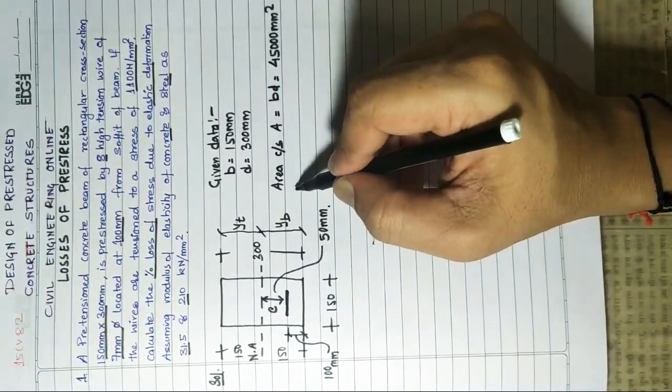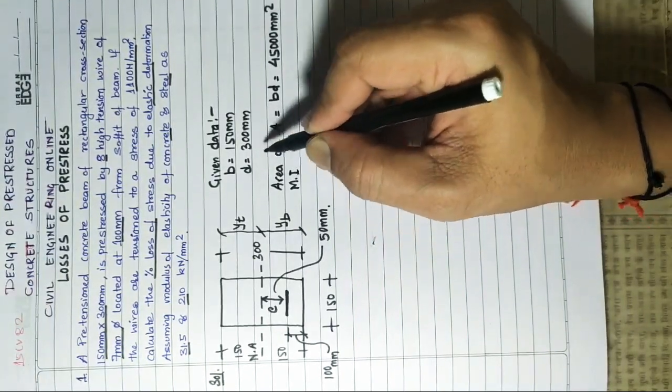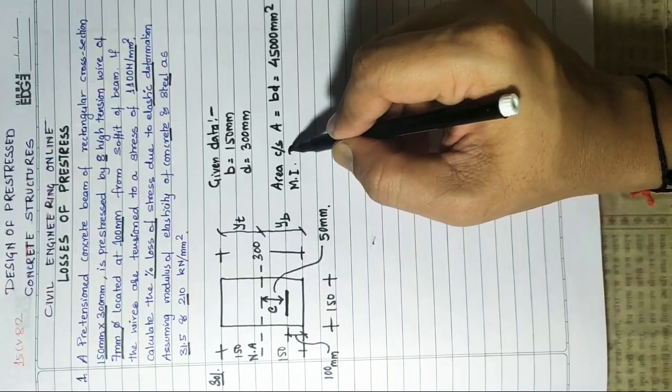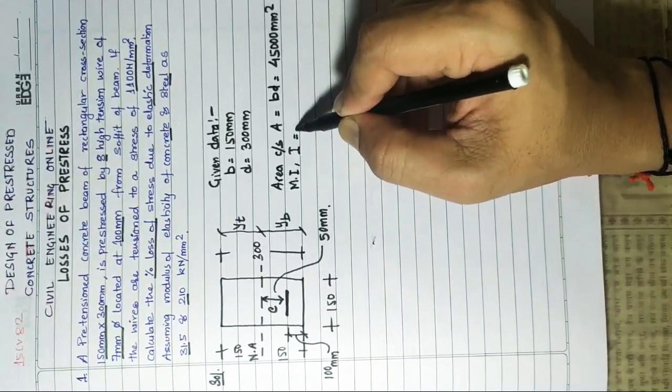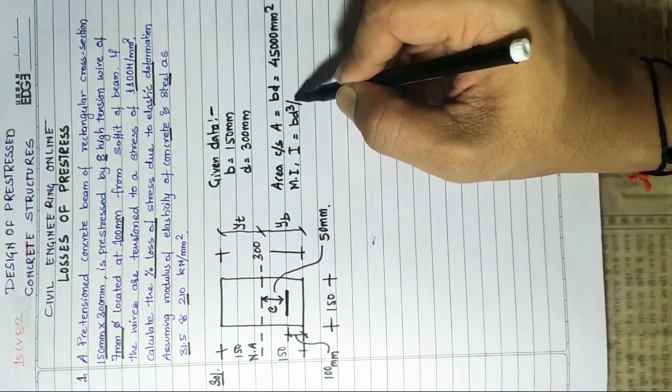Then we can find one more parameter of the rectangular section, the moment of inertia I equals BD cube by 12.